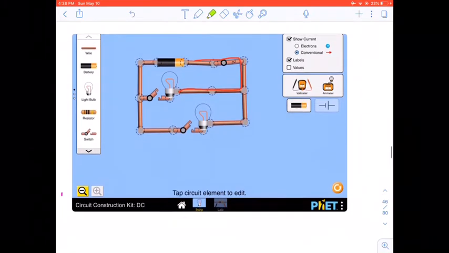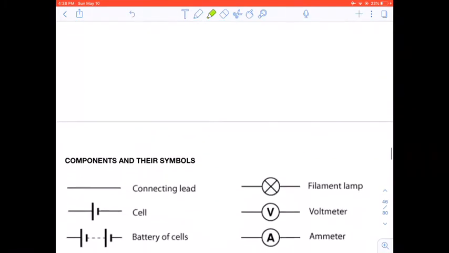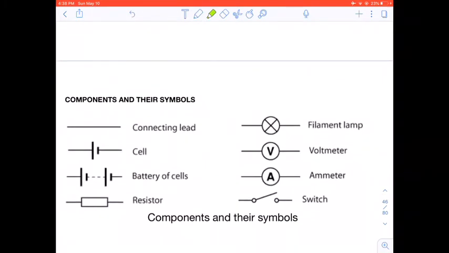So if we now go to the components, if we look at the connecting leads, they're given by that. The cell, one cell is shown, and here you've got two cells.